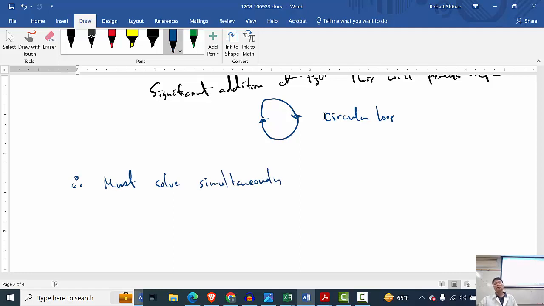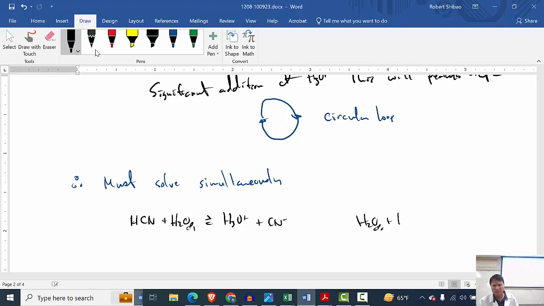In simultaneous, we do both ICE tables simultaneously. And so here I'm going to put down the HCN ICE table, and then the H2O ICE table.